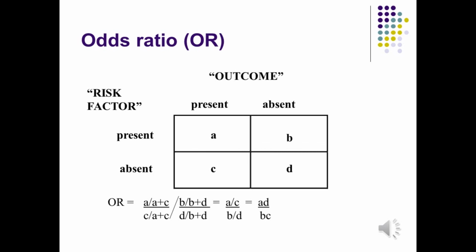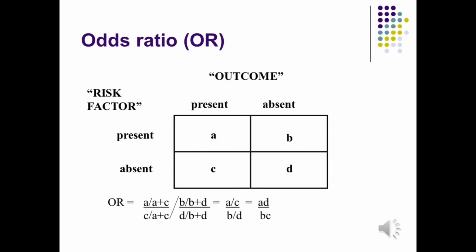When you're looking at the odds of a case having been exposed to the risk factor, you're looking at the likelihood of those being exposed compared to the likelihood of those not having been exposed. So now again, we're just looking at A and C. We're looking at those who have the outcome, and we want to compare the rate of those with the outcome who were exposed compared to the rate that weren't exposed.